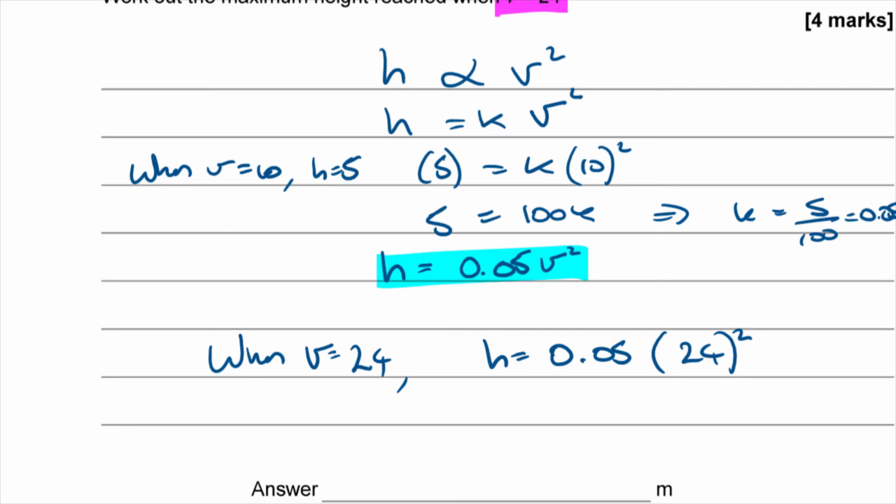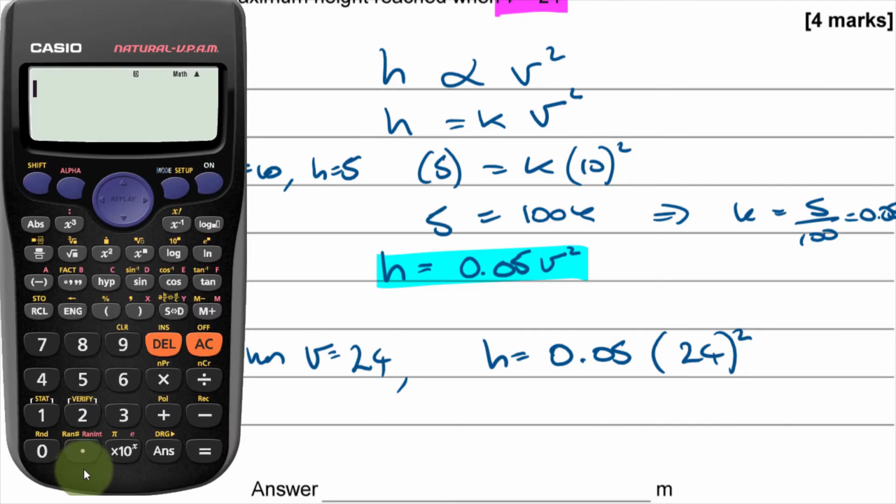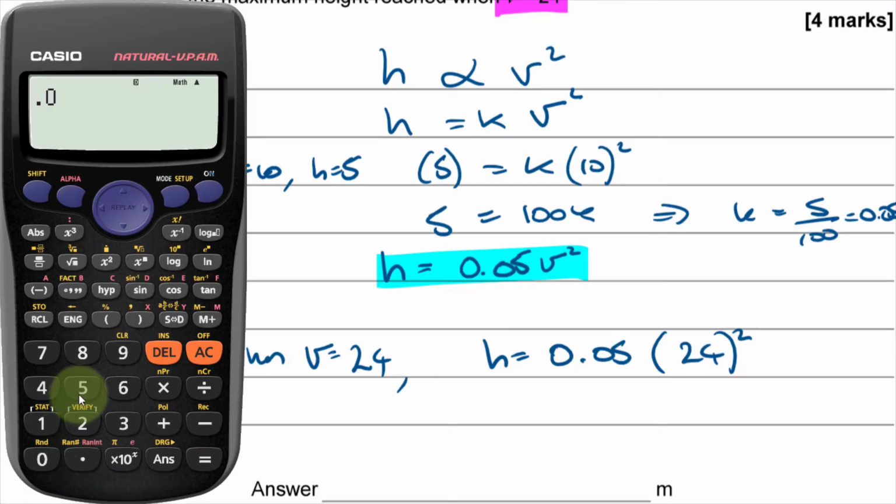Trusty calculator time. 24 squared times 0.05 gives me a height of 28.8 meters. So that's my final answer, 28.8.